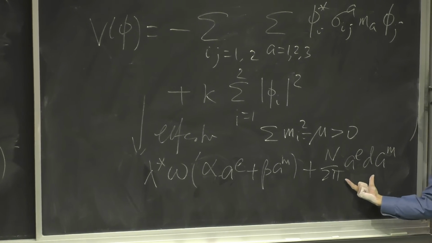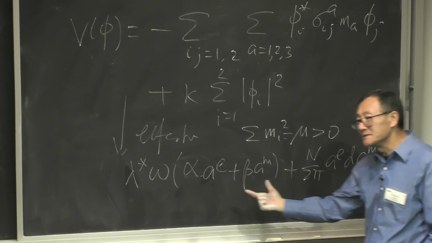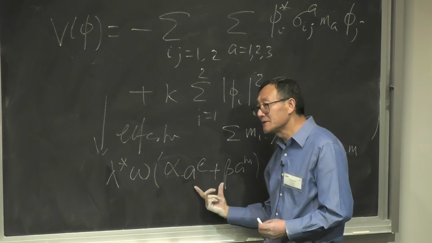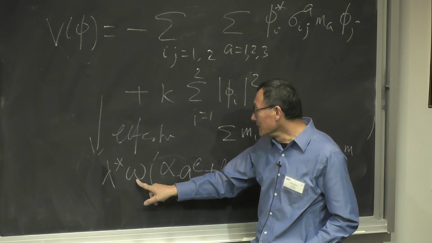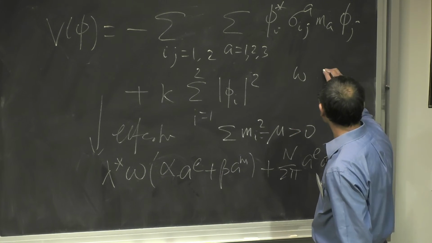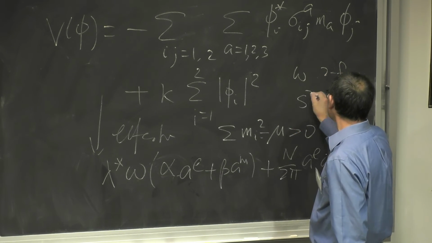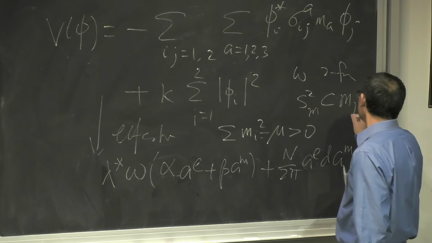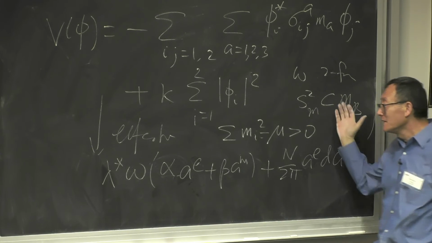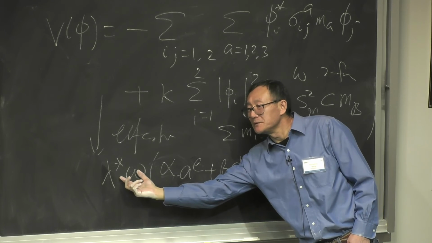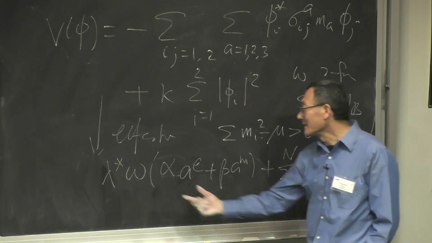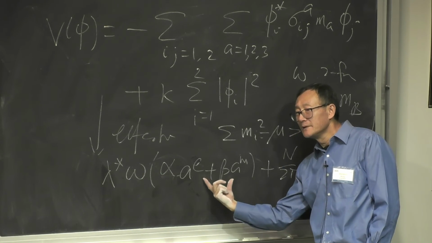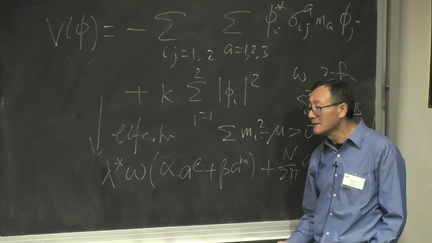So this is called BF theory. And this is the coupling. Omega is the two-form for the two-sphere inside your moduli space. You pull back this two-form into your space-time, and then this couples to this abelian anyon.